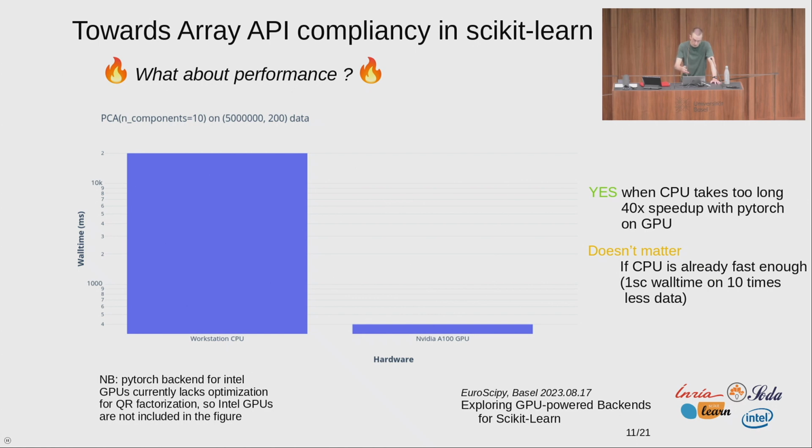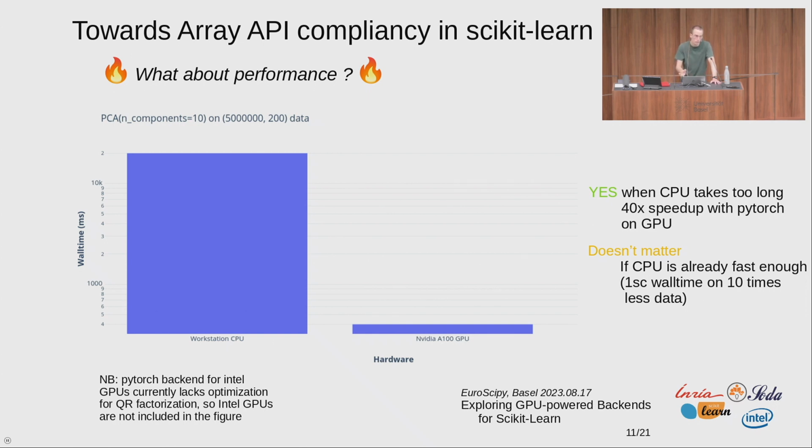What about performance? Here is a comparison. The y-axis in this graph is log scale, and we compare wall time when running the PCA on a lot of data, 5 million rows, 200 features. On the left, we pass a NumPy array. On the right, we pass a PyTorch array that is loaded on GPU.